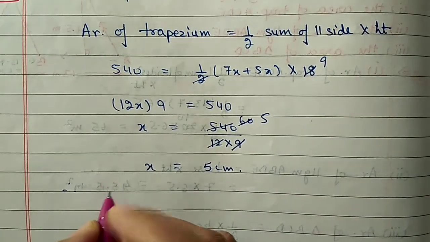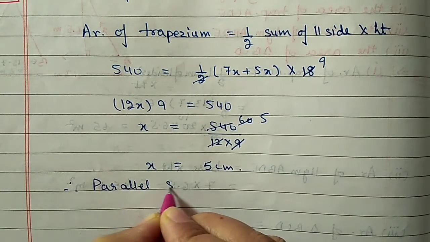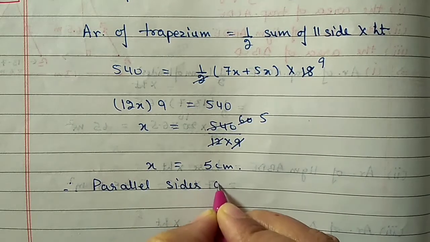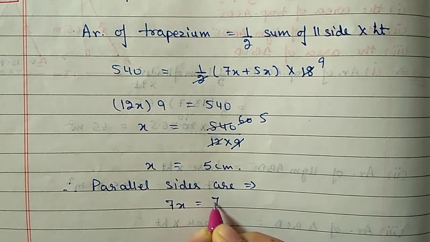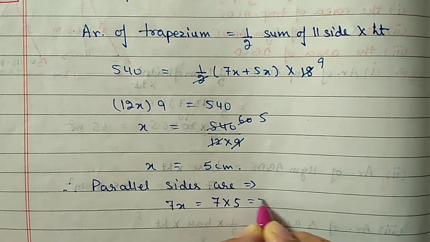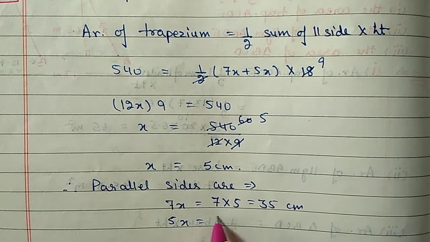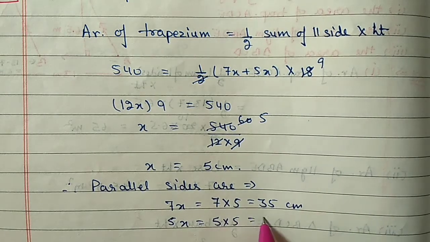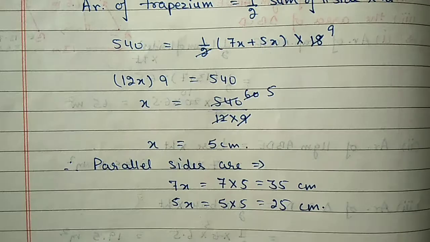Therefore the parallel sides are: first is 7x, 7 into 5, 35 centimeter, and the second one is 5x, 5 into 5, which is equal to 25 centimeter.